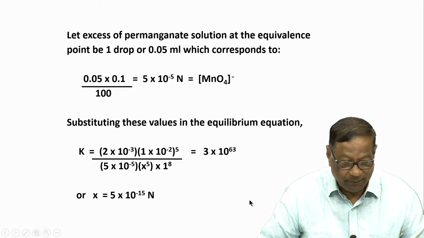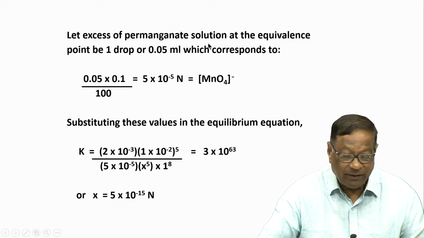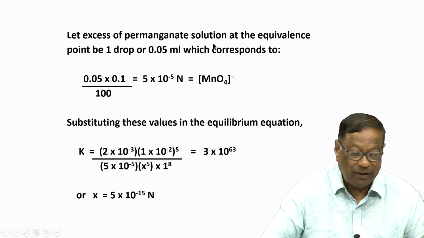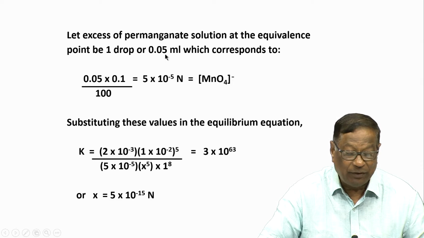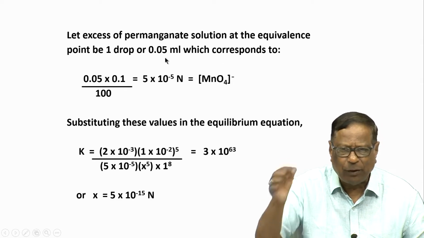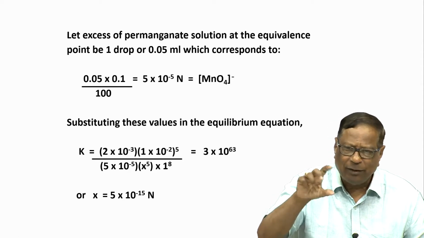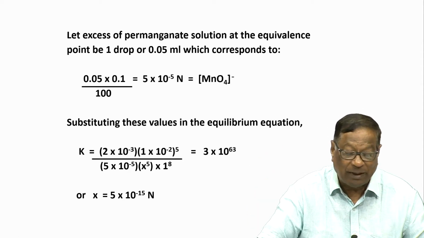Okay. So, let the excess of permanganate solution at the equivalence point be 1 drop. 1 drop from a burette corresponds to 0.05 ml.